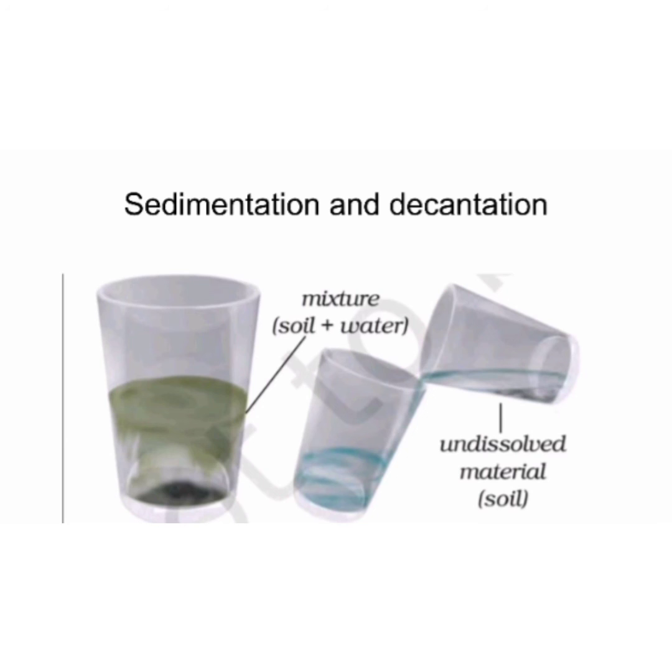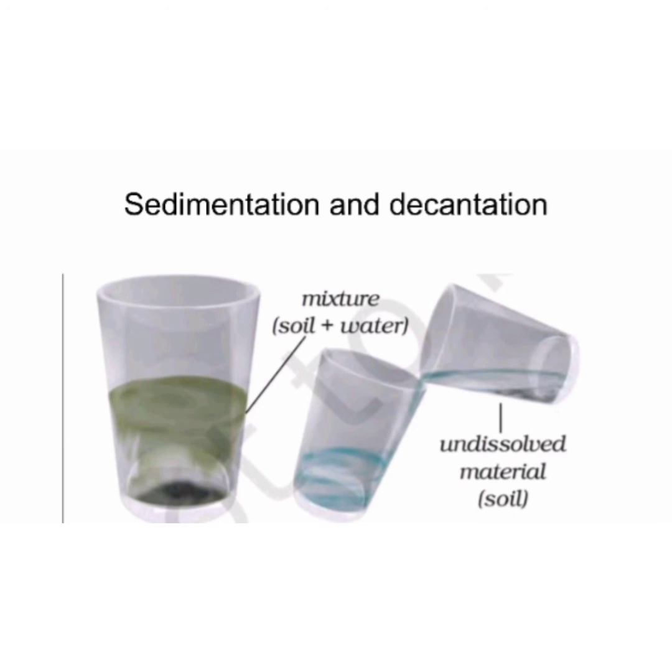And let us now consider the example of water that we use. Water supplied through taps may be muddy, right? The water collected from ponds or rivers may also be muddy water. Now take some muddy water from the pond or a river, or mix some soil into water in a glass, and let it stand for half an hour.